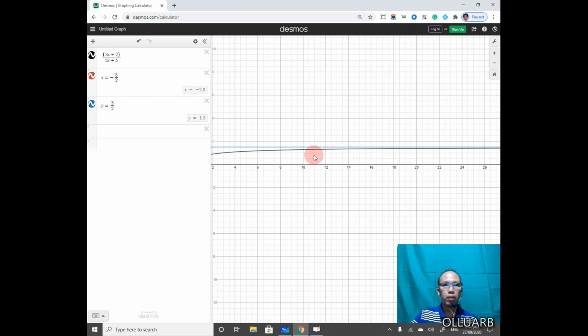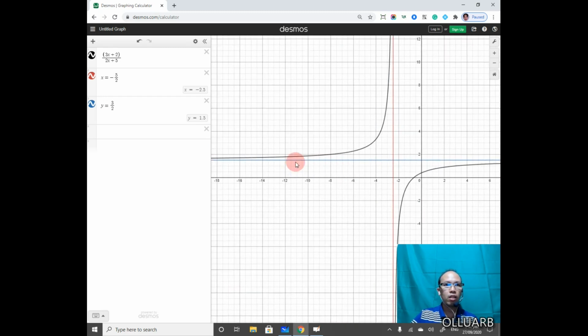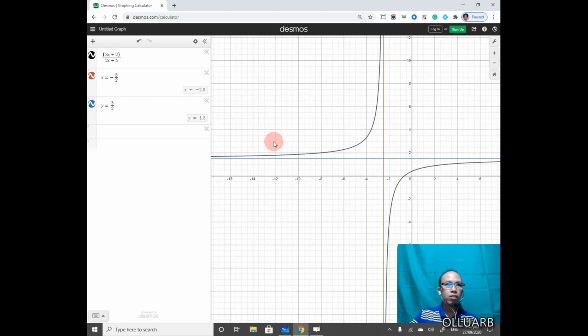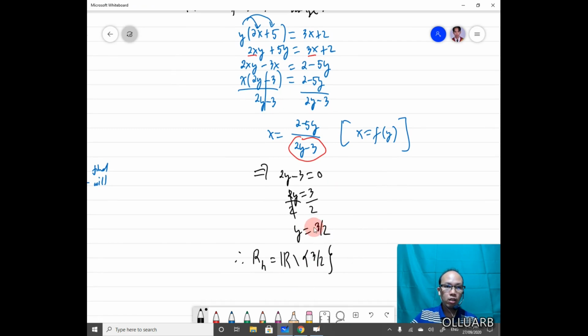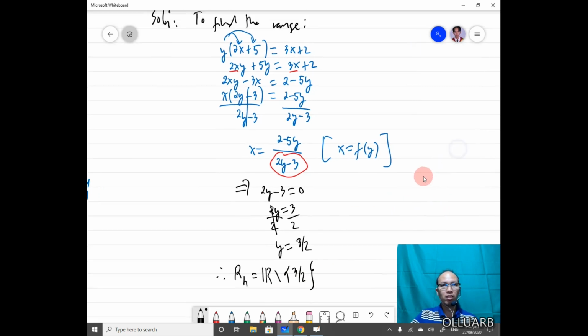If you extend to positive infinity, and extend again to negative infinity, clearly 3 halves is not part of the range. So we verified in the calculation that our range is truly this set. That's how you are going to find the range.